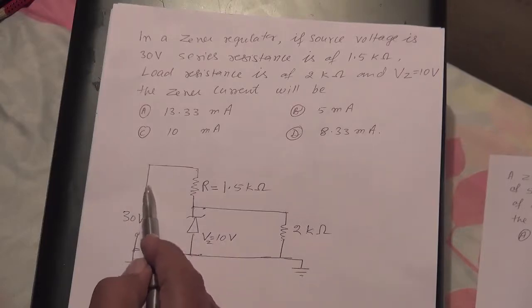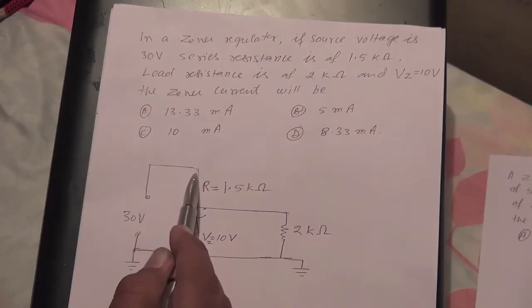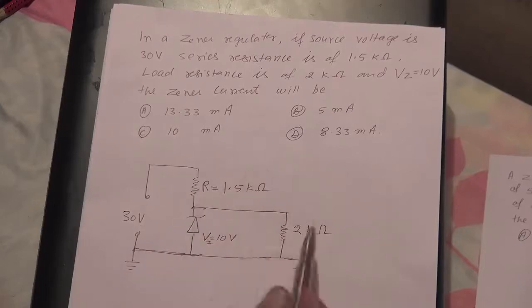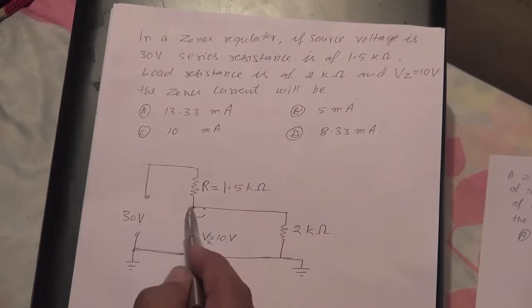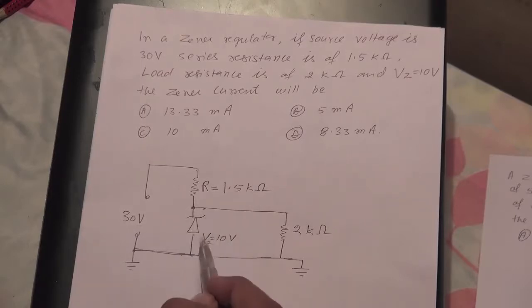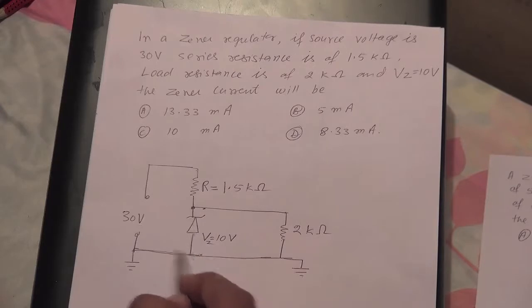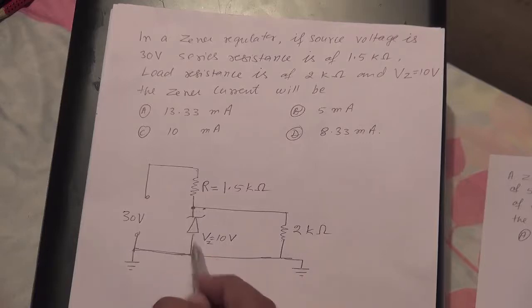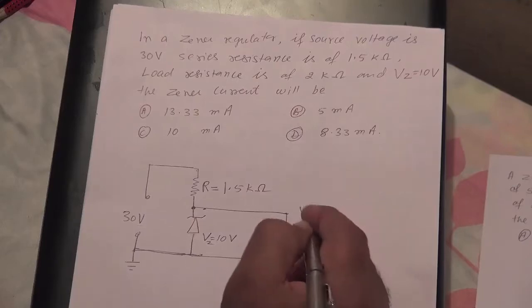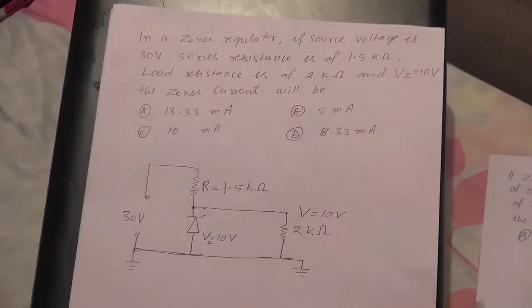From here this current will pass up to this. This is one branch, and then here is a junction. At this junction, there will be excess current after breakdown voltage that will pass through it, and some current will pass through the other branch. We know if this is a 10 volt Zener, then the voltage across this is also 10 volt. If this is 10 volt, then we can always find out current through it.